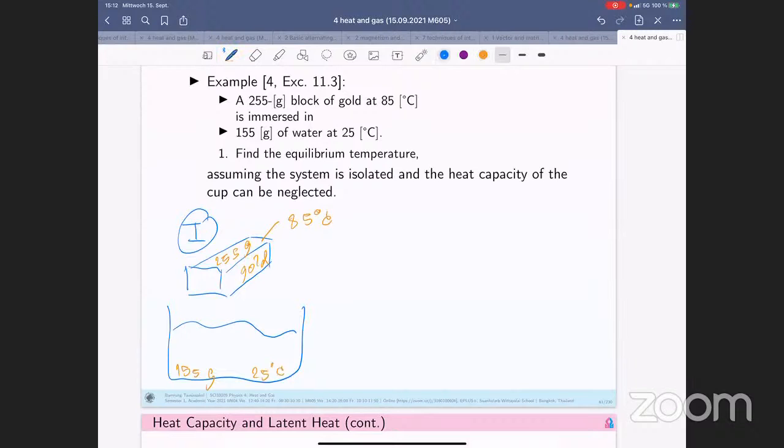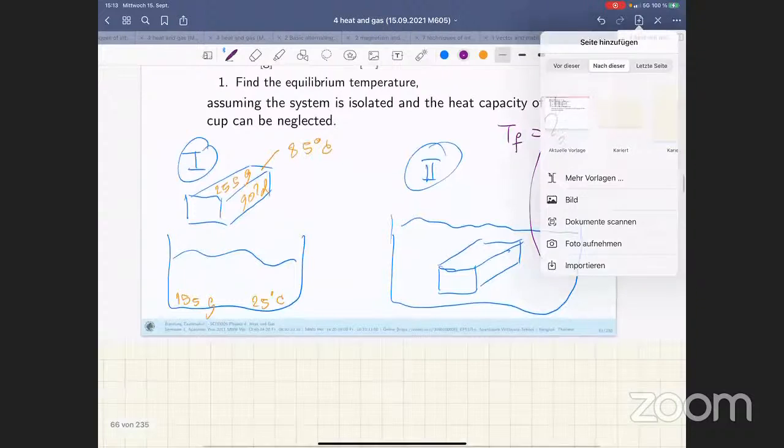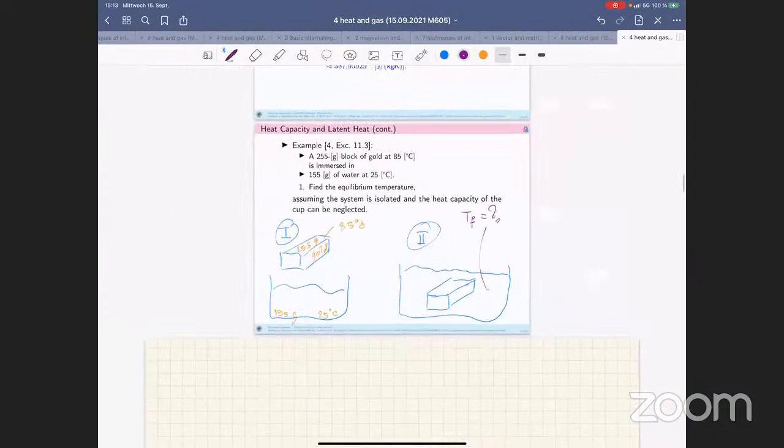In the second state, they just lay down together, and the water is going to increase a little bit. They would like to know what the final temperature is, the temperature at the end of this problem. We're going to compute.